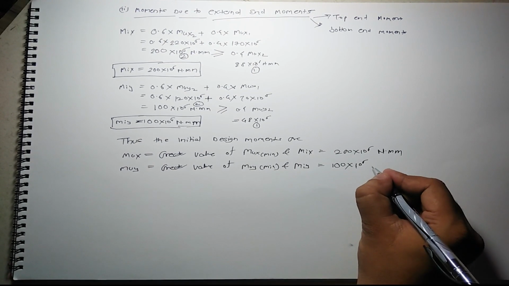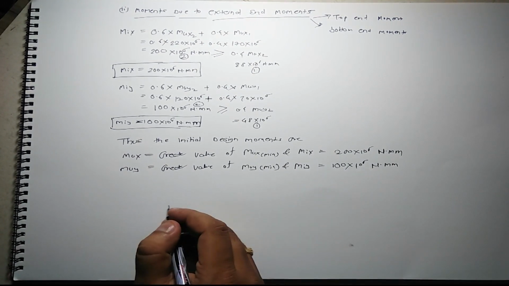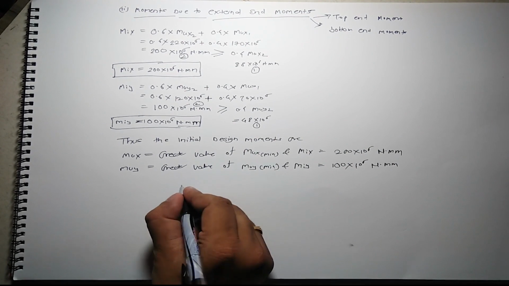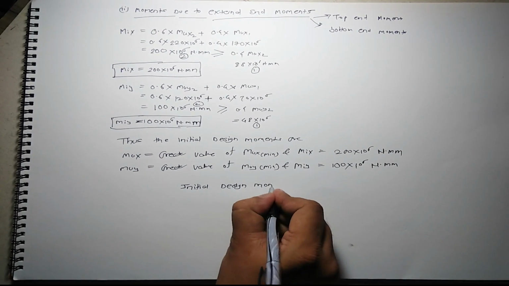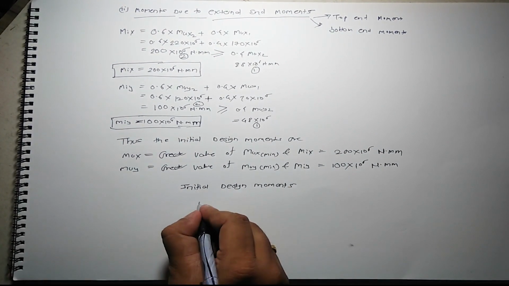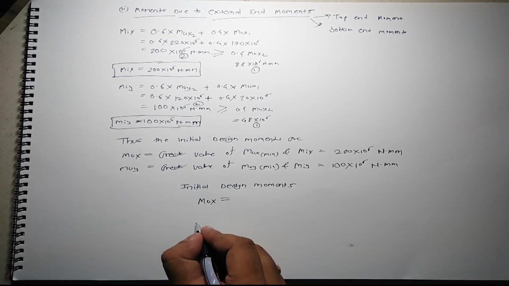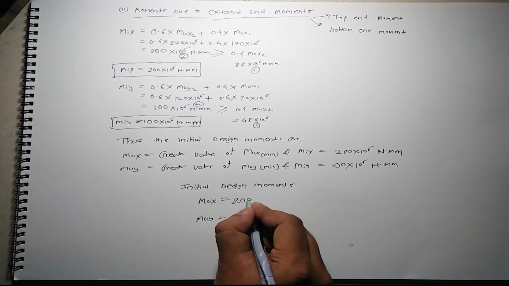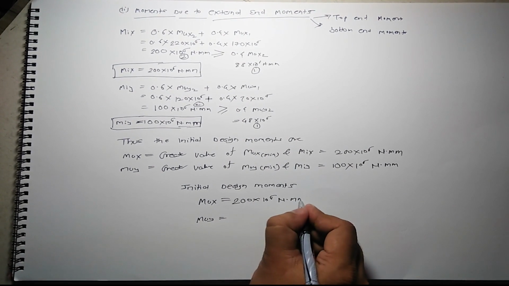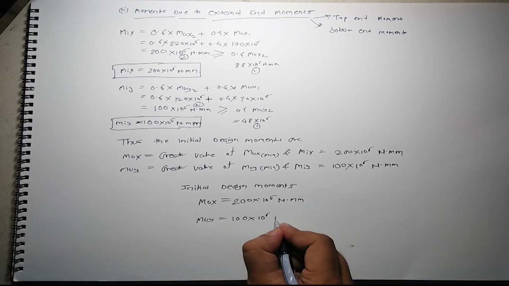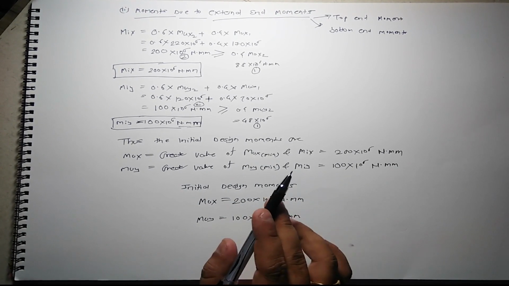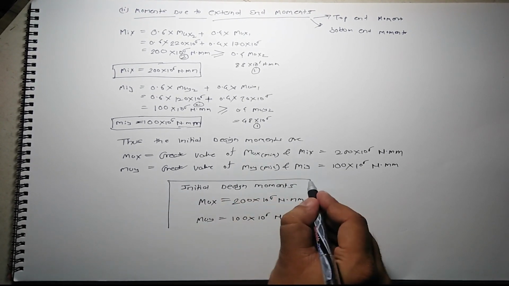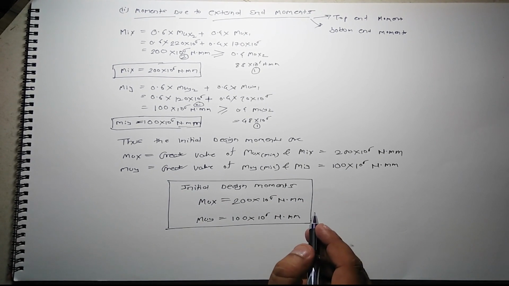We have both the calculations in part A and part 1, so we have got the initial design moments. The initial design moments Mux and Muy are 200 into 10 to the power 6 Newton mm and 100 into 10 to the power 6 Newton mm. These are the final calculations, and in this way we have got the initial design moments. I hope now you understand the step.